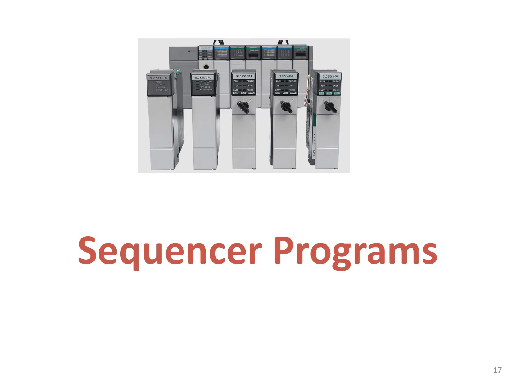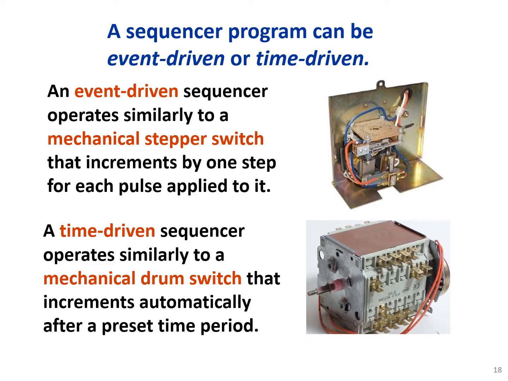Sequencer programs. A sequencer program can be event-driven or time-driven. An event-driven sequencer operates similarly to a mechanical stepper switch that increments by 1 step for each pulse applied to it.